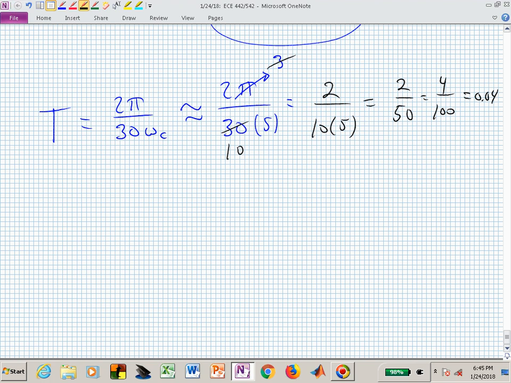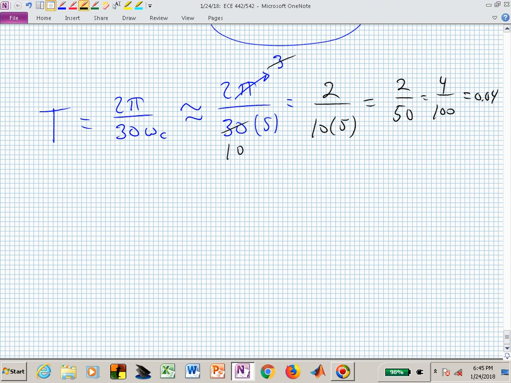What is 0.04? That's the sample period. So every 0.04 seconds or every 40 milliseconds we're sampling, which means that we're sampling how many times in a second? 25.